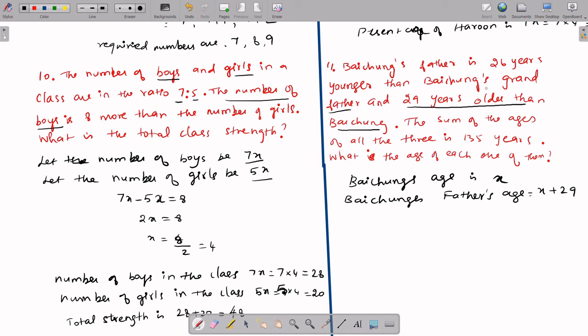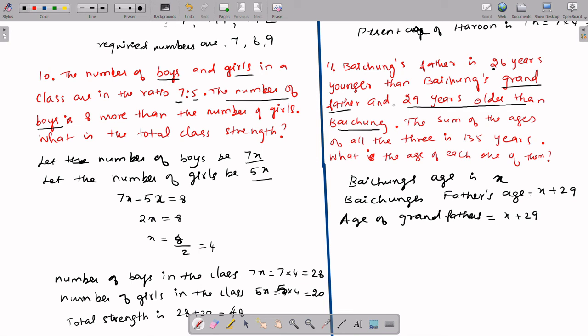Another condition is given: Baicheng's father is 26 years younger than Baicheng's grandfather. So what about the age of the grandfather now? The father's age is x plus 29, and he is 26 years younger than Baicheng's grandfather.